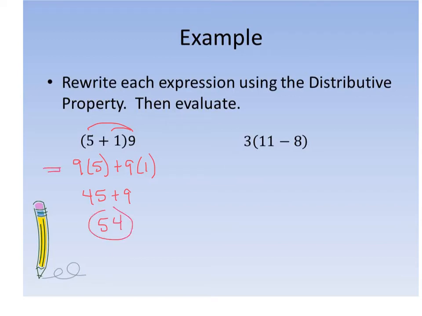So this step right here is the rewriting using the distributive property. So we have 3 times 11 minus 3 times 8. So we're looking at 33 minus 24, which is 9. Okay. So no, you're not going to have to do that forever, but at the moment we're talking about the distributive property. I want that rewriting step in there.